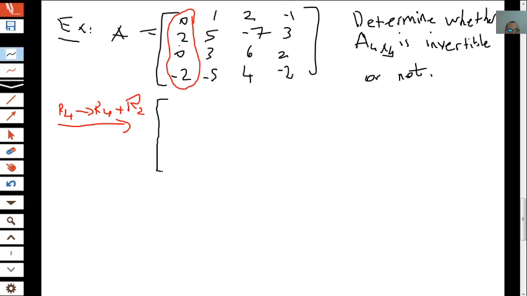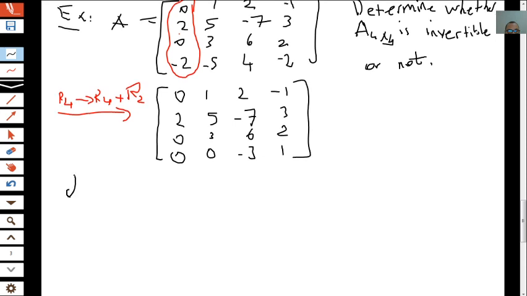So we have 0, 1, 2, minus 1, 2, 5, minus 7, 3, 0, 3, 6, 2, 0, R4 plus R2. So we have 0 again, minus 3, and 1.